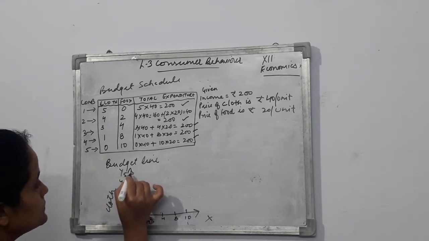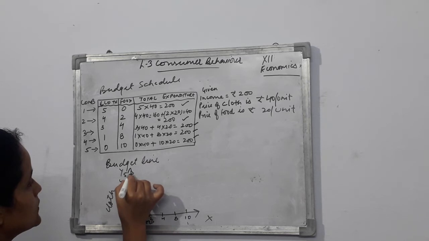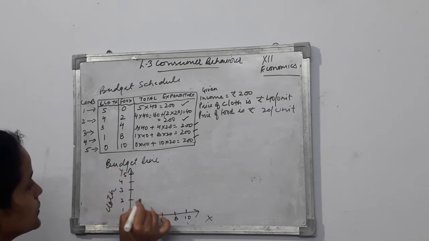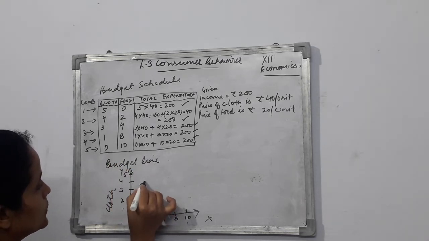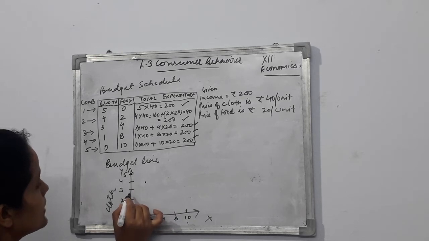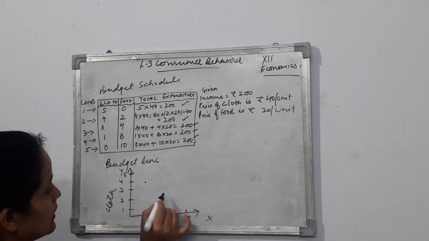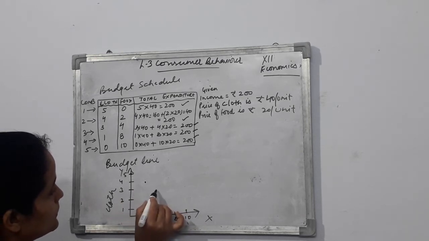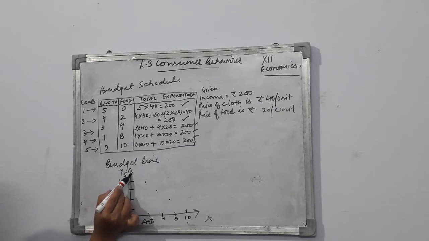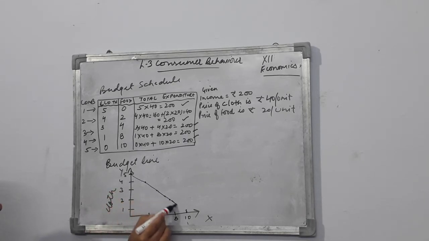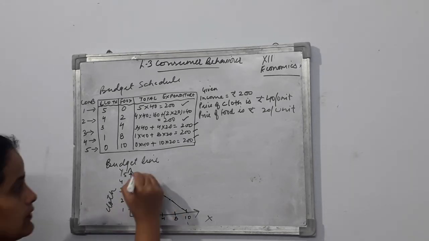So first one is 5 and 0, second one is 4 and 2, third one is 3 and 4, next one is this, and the last one is this. So if we join the line, so this is your what? Budget line. You can give it a name, AB.